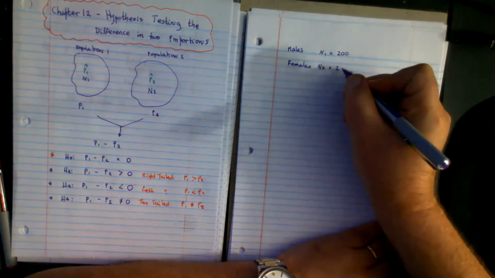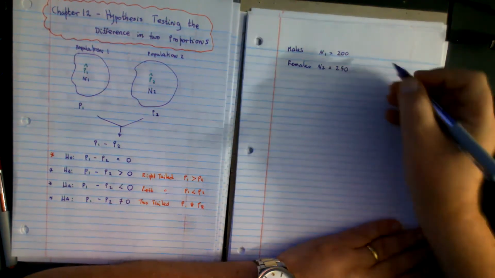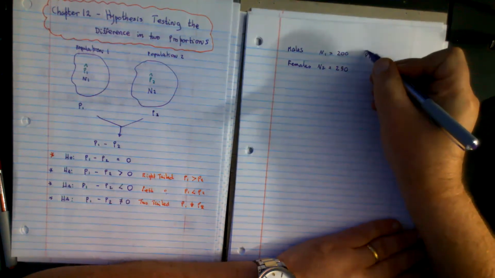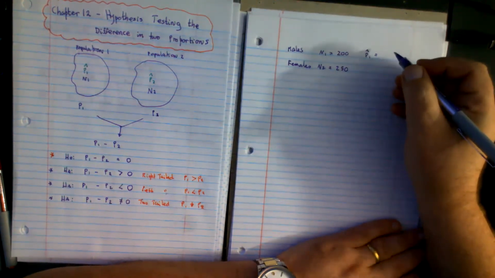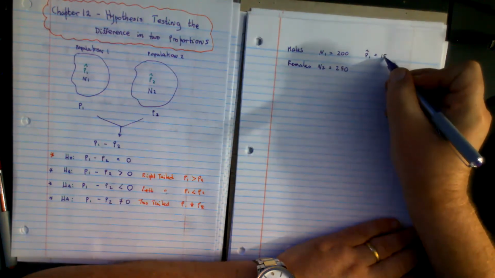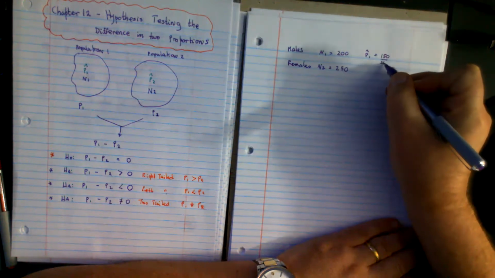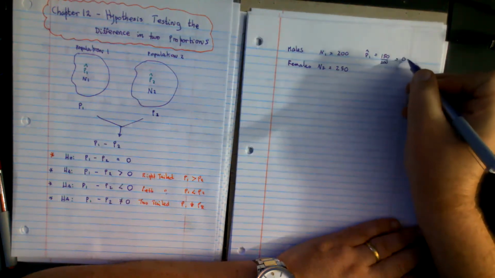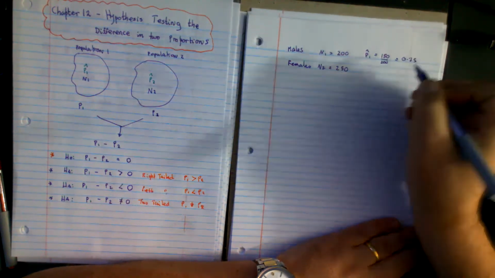In sample 2, we have 250. And we ask them, do they like Pepsi more than Coca-Cola? And for this group, it's 150 out of 200, which is 0.75.